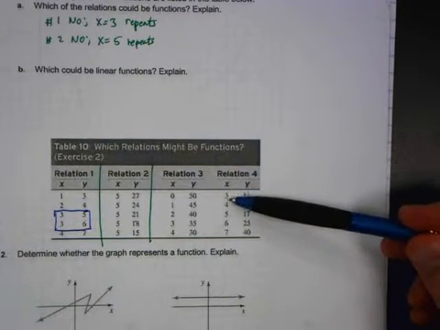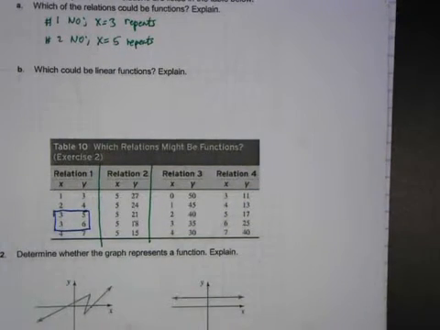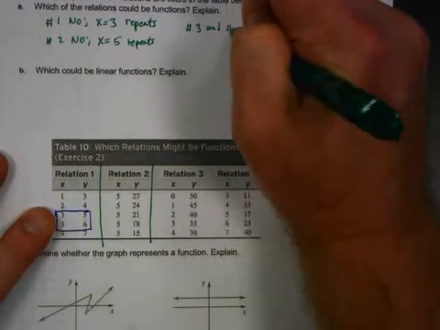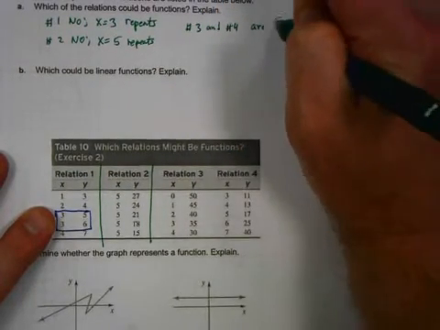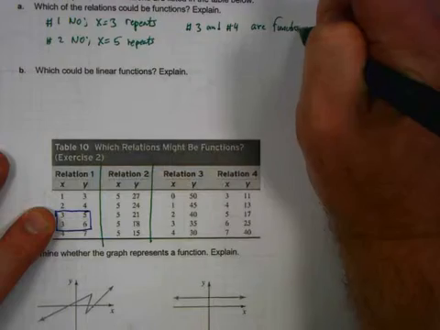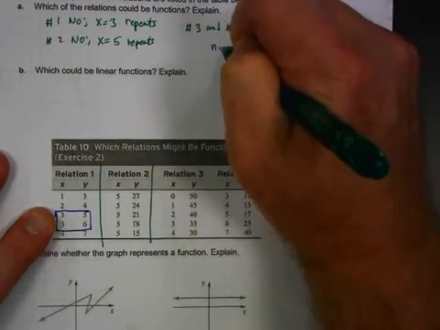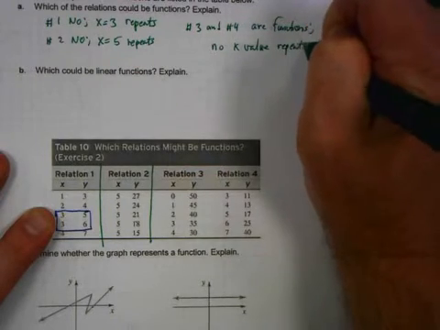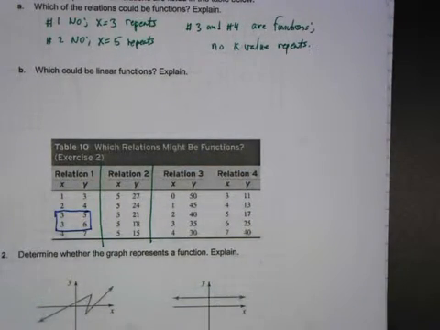The X's go 3, 4, 5, 6, 7. None of the X values are repeating. So my answer would be number 3 and 4 are functions. No X value repeats. Questions on that?